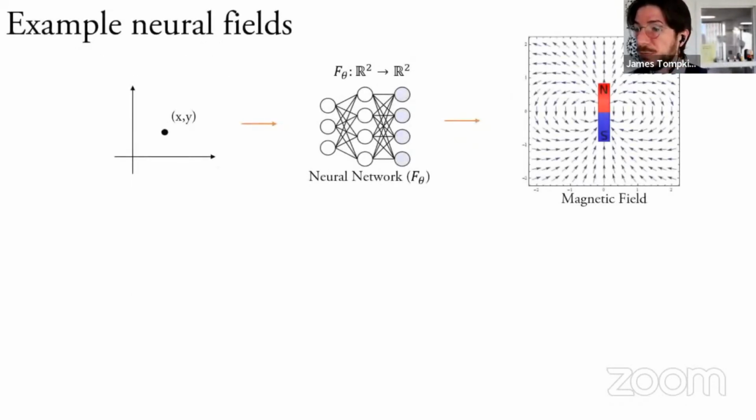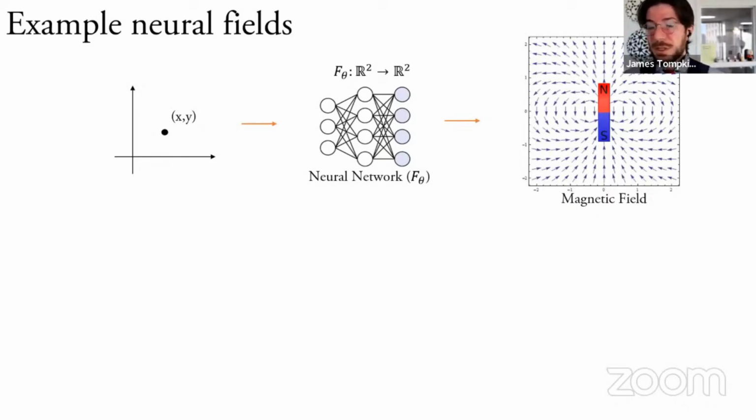Suppose that I wanted to represent a magnetic field. At each point in the field, I have a direction and a magnitude. And so I want to map from a domain in 2D, say, so this is just a slice of a magnetic field in 2D, to another two-dimensional domain.